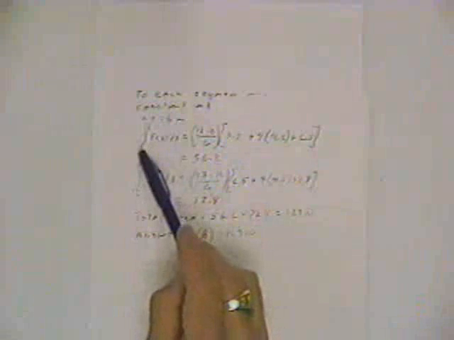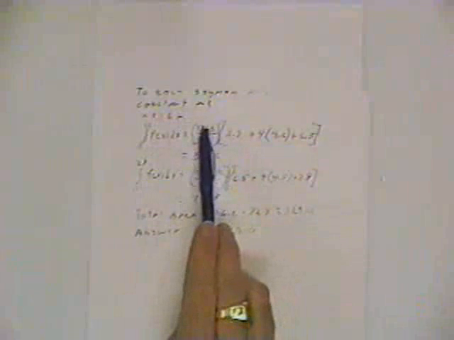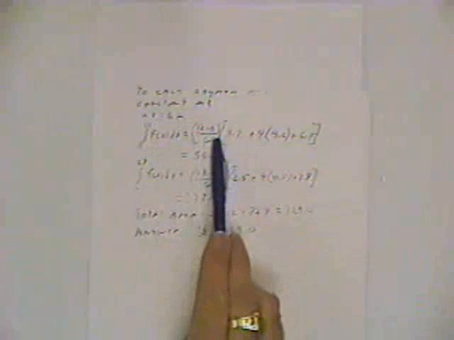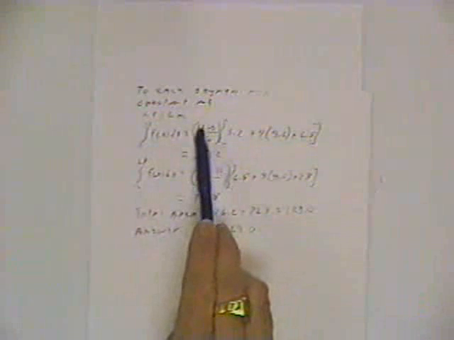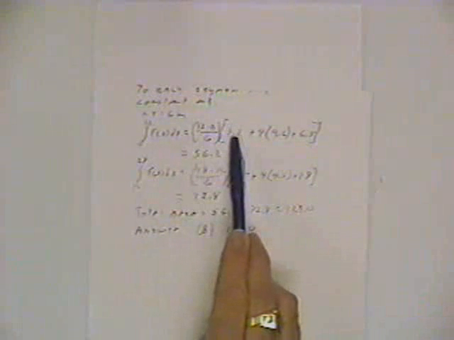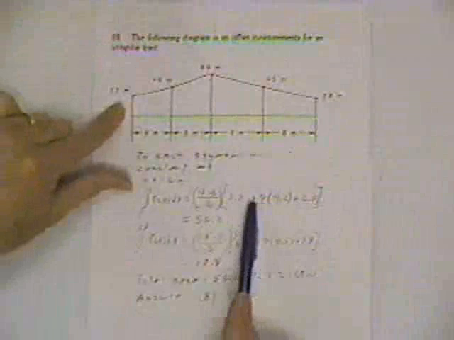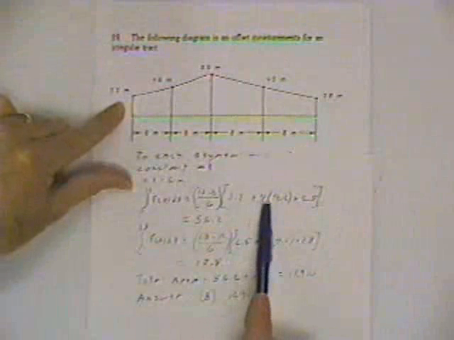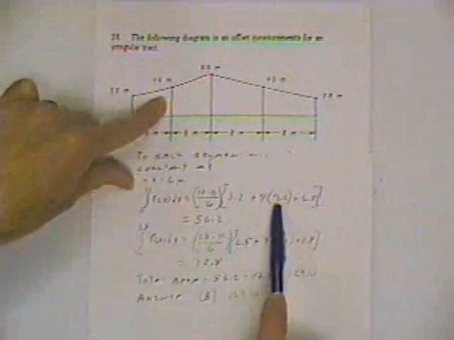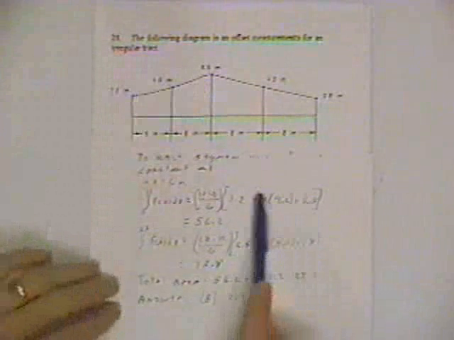The first part would integrate from 0 to 12 meters, applying the b minus a over 6 formula. You'd have b, the end of the interval, minus a, the start of the interval, divided by 6 times the value of the function at the first functional evaluation, which in this case is 3.2, plus 4 times the next one, 4.6, plus the last one, 6.5.